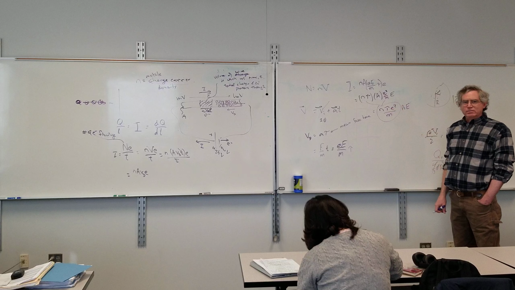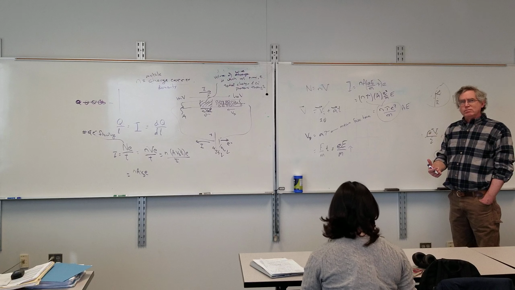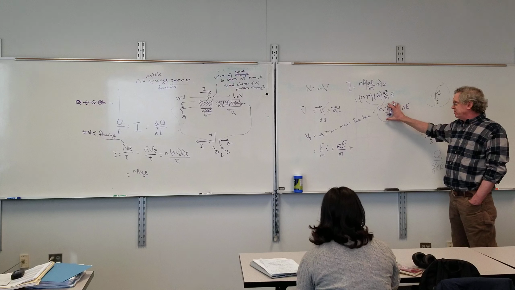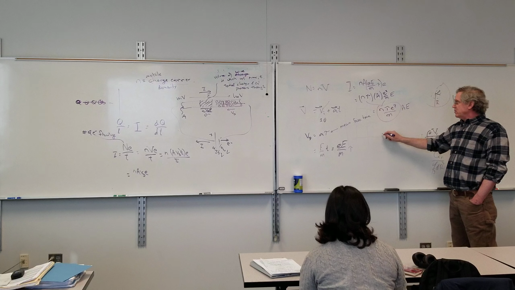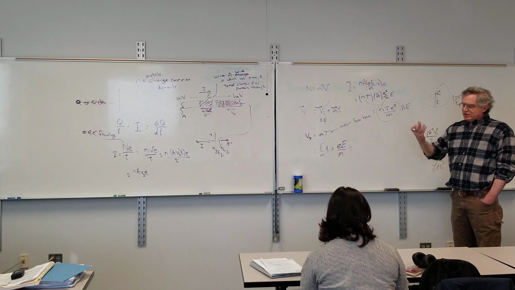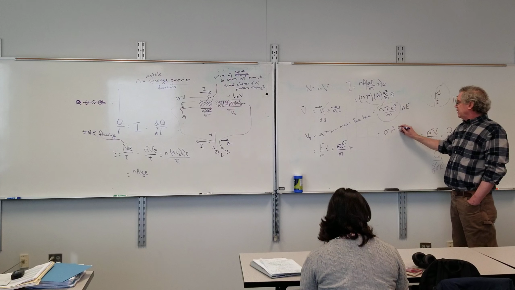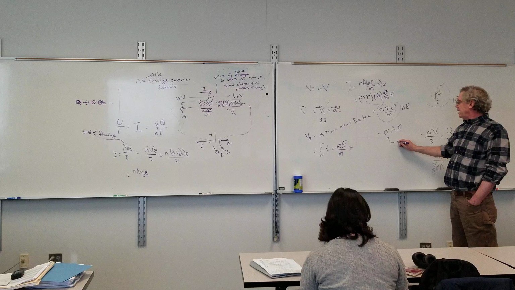This whole bit here, if I know the material and I know the charge carrier, I know what's going to happen. I can figure out what this is, and so this is generally lumped into a material specific constant, which they generally use the letter sigma for, and this sigma is known as conductivity.